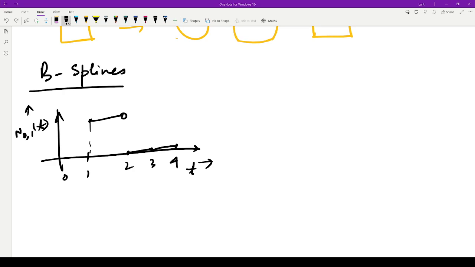So what are these? These are just polynomials, which are, of course, shifted. These are all shifted polynomials of different degrees.